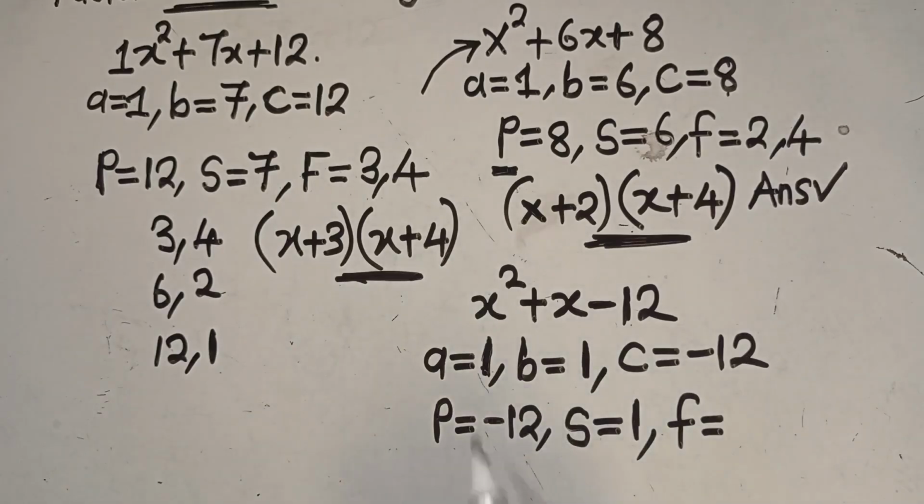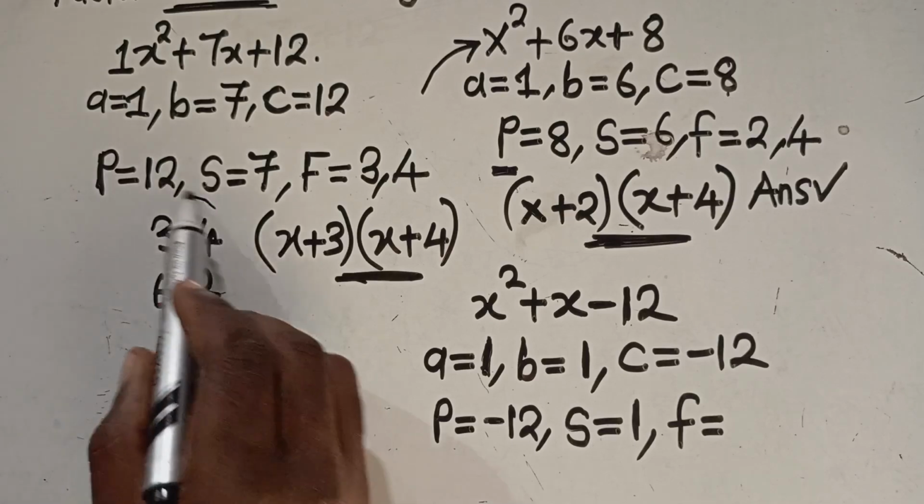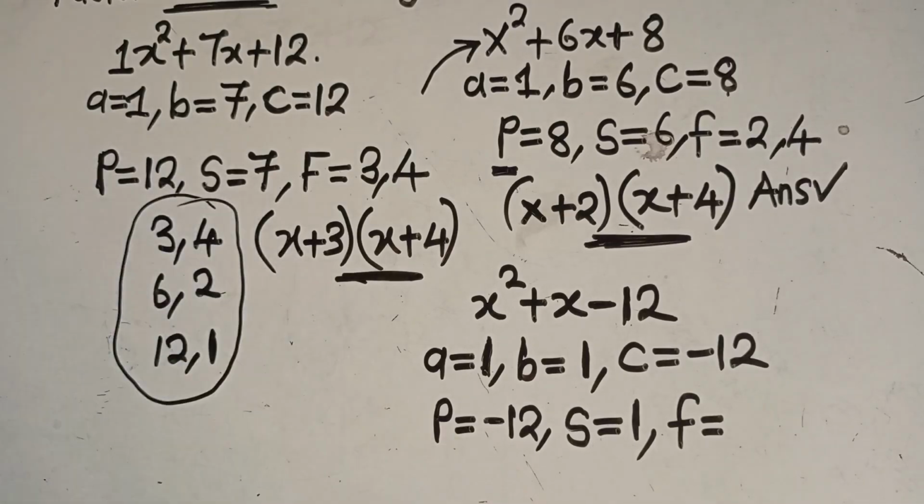You say this one is negative, so among the factors, one must be positive, or maybe both of them should be negative. So I say, which numbers can we multiply to get 12? These are the ones we did at first.